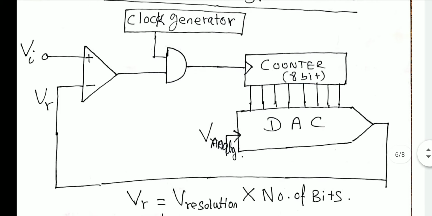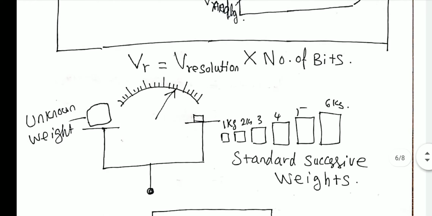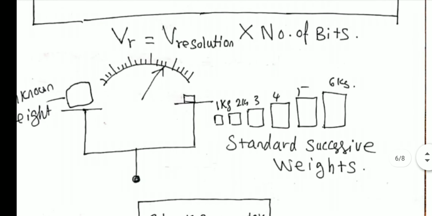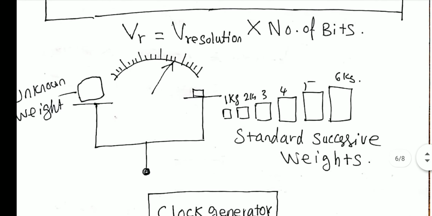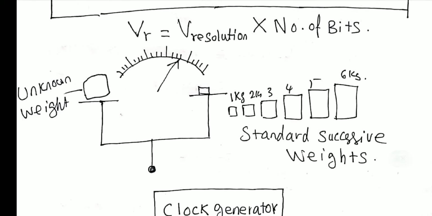To understand this method a little better, let us again consider the physical balance example. In the earlier method, the linear ramp type meter, we compared the unknown mass using a physical balance with a variable mass, varying with respect to time.